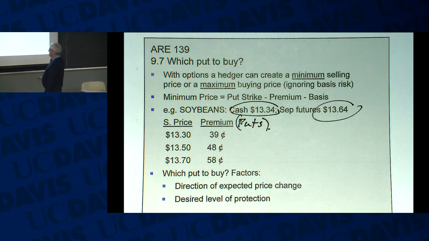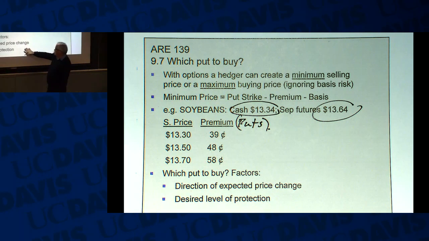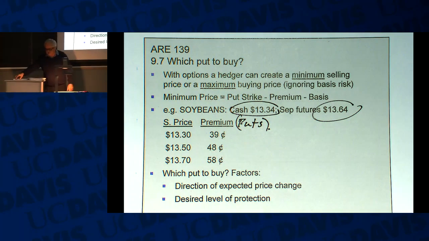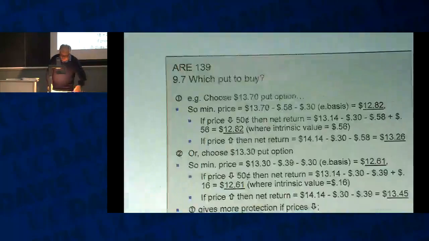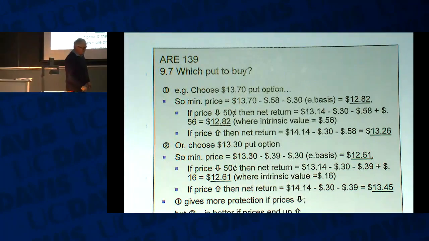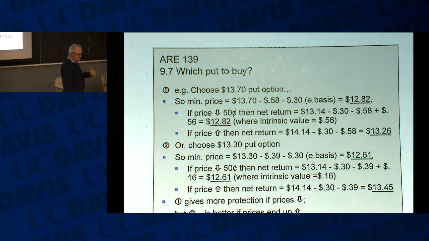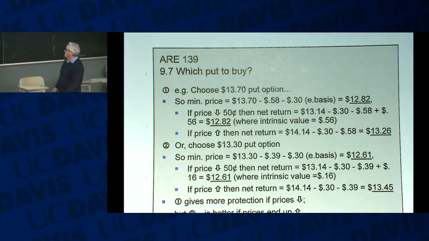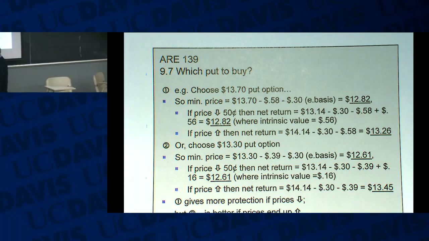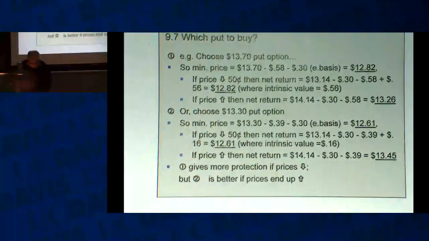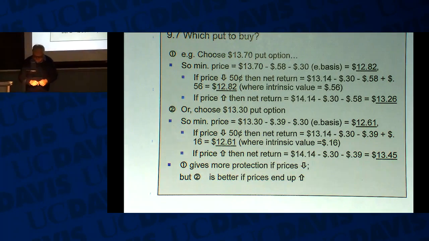Well, it might depend on how strong your price expectations are, and it might depend on your desired level of protection. So there's no single answer to this question. You can't tell the producer, oh, buy the expensive option or buy the cheap option. It depends. The outcome depends. So let's suppose we start with the expensive option.